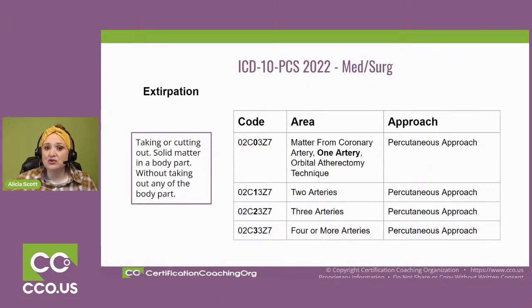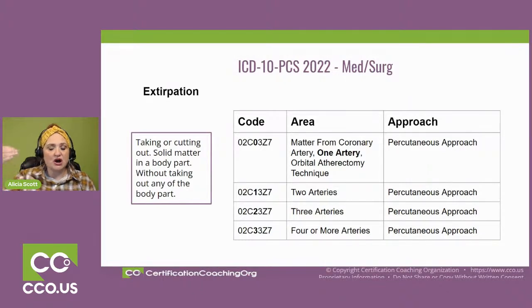So with new codes, all of these are new codes. Med surge, again, extirpation. We are going to be looking at the matter from a coronary artery. And so we're taking out something solid from the coronary artery. And then it's one artery, orbital atherectomy technique.